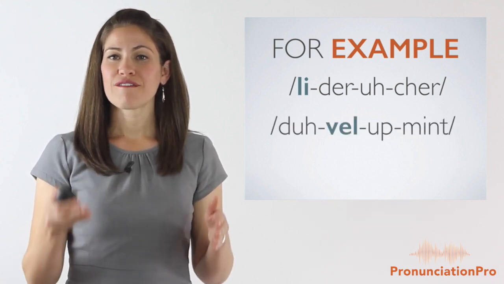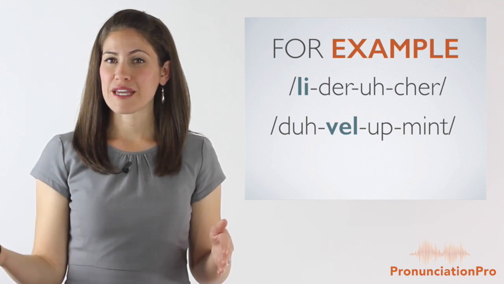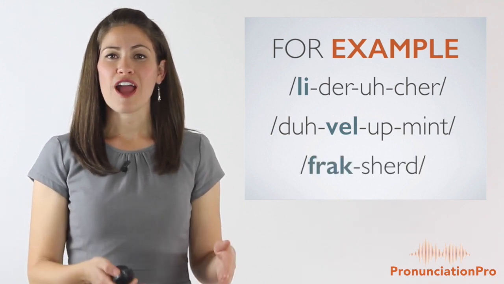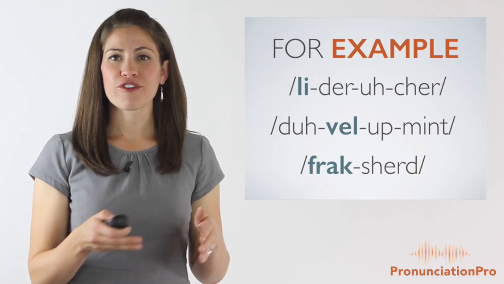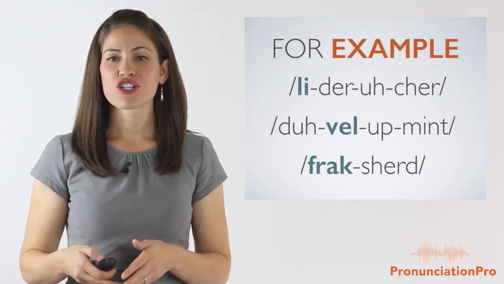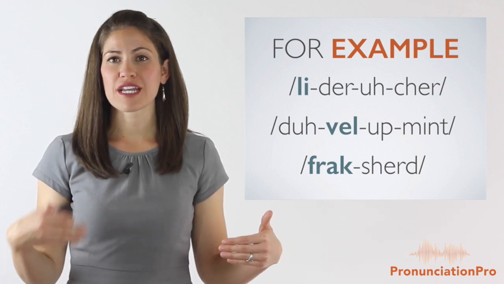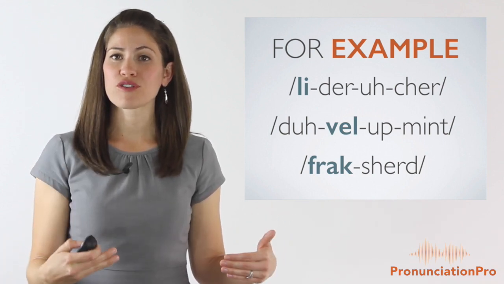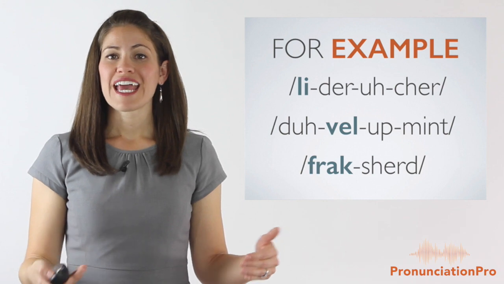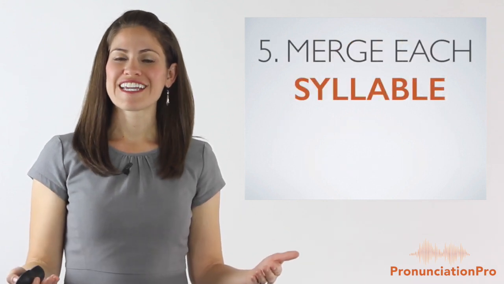So da, vel, up, mint, and fractured, or fur-ack-sh-erd. Break it apart. The more you break it apart, the easier it is going to be to get your mouth to say those sounds, and then we're going to merge each syllable.